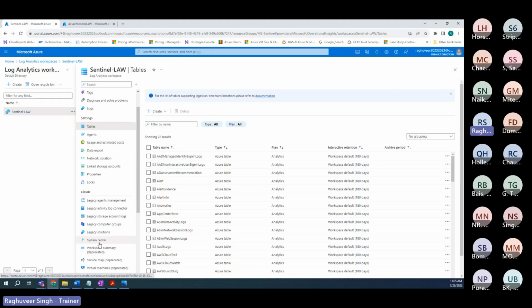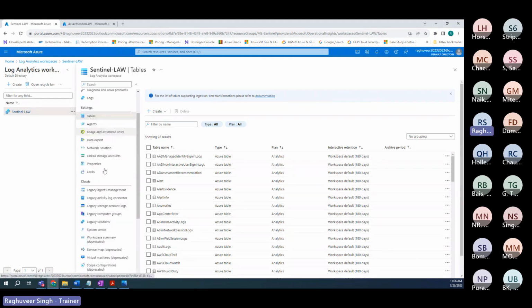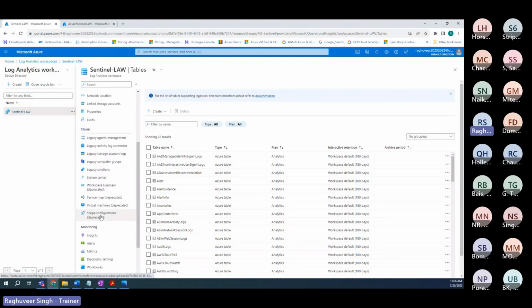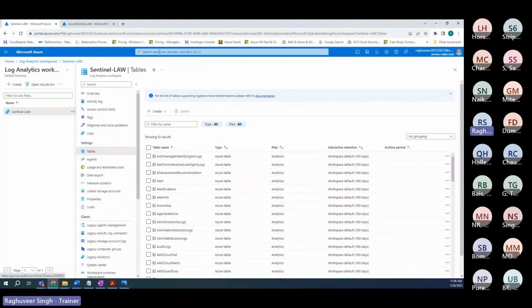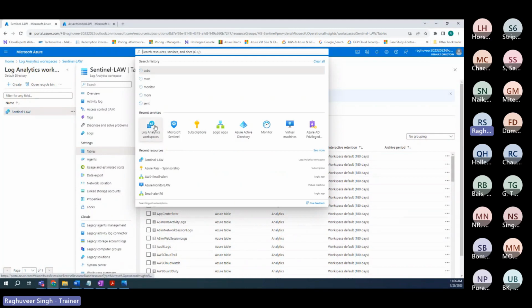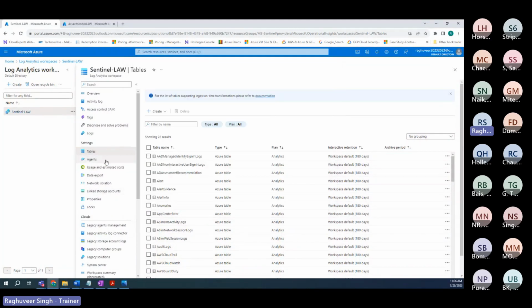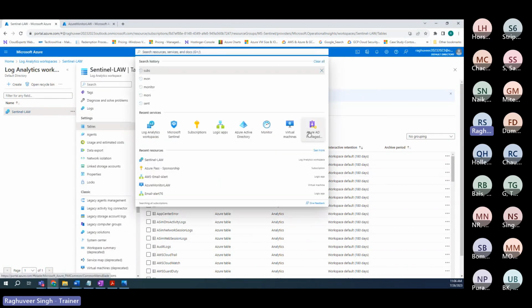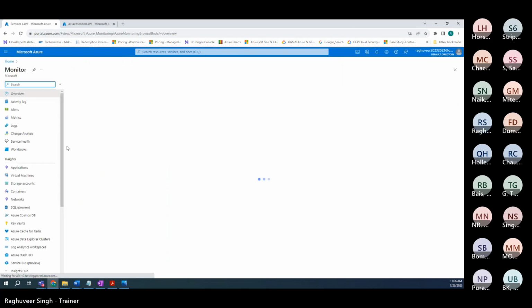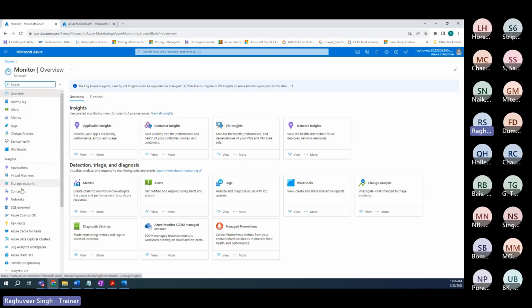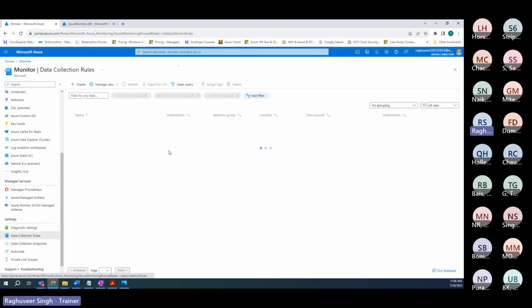When you create data collection rules, you will go to that specific workspace, this is the Log Analytics workspace, so you will go to Azure Monitor basically, and you will create data collection rules. Let's say I'm creating the ingestion.